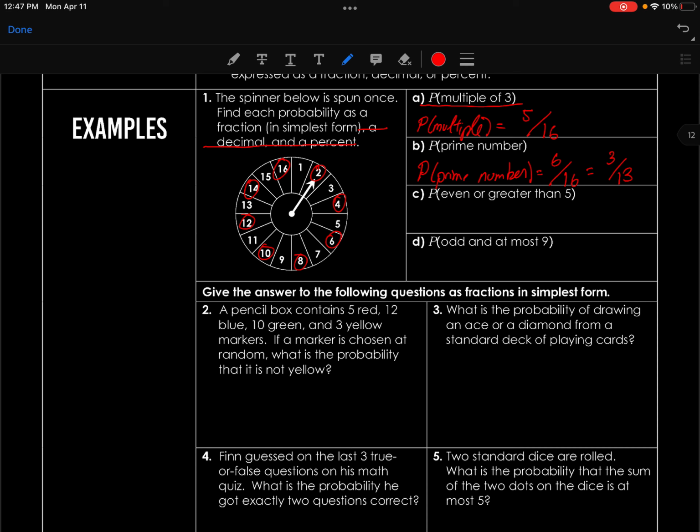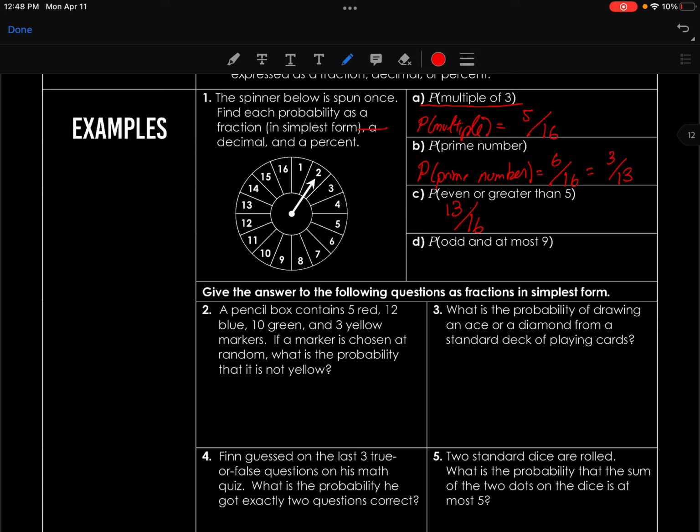So anything beyond this. So there's 1, 2, 3, 4, 5, 6, 7, 8, 9, 10, 11 numbers greater than 5. Therefore, there is a total of 13 events over 16. When you say or, you have to count both instances.